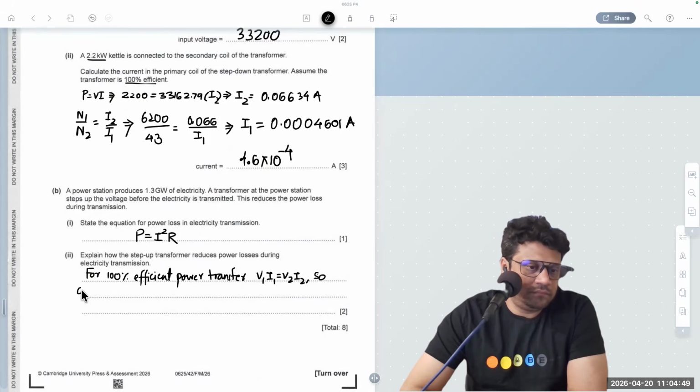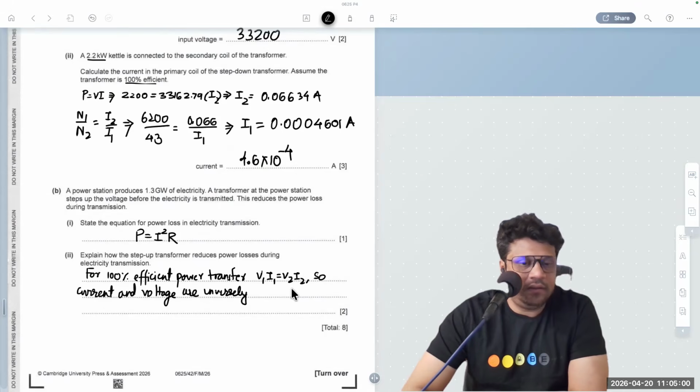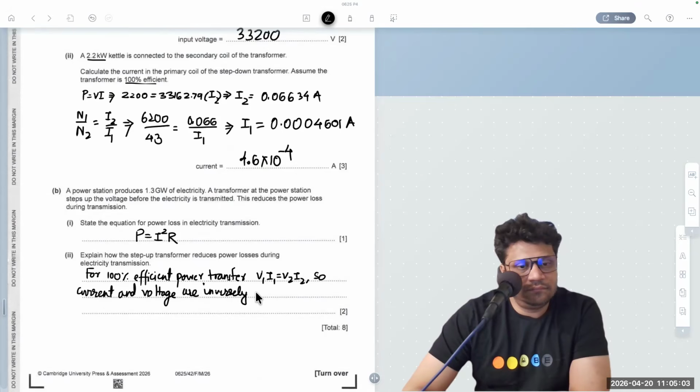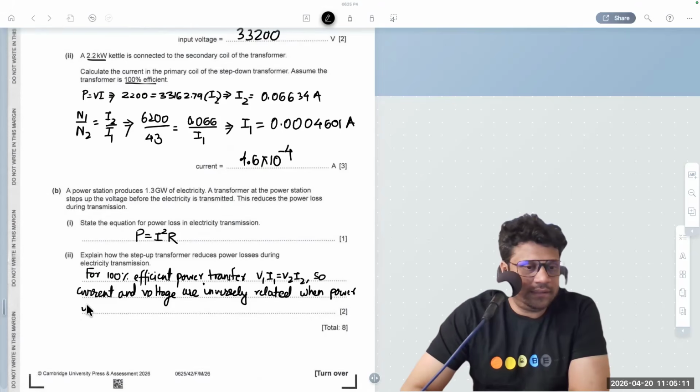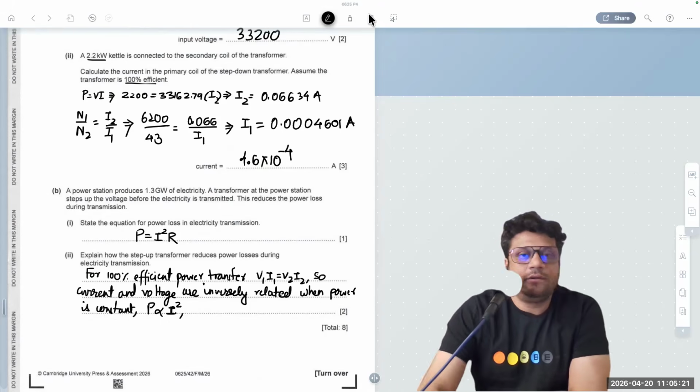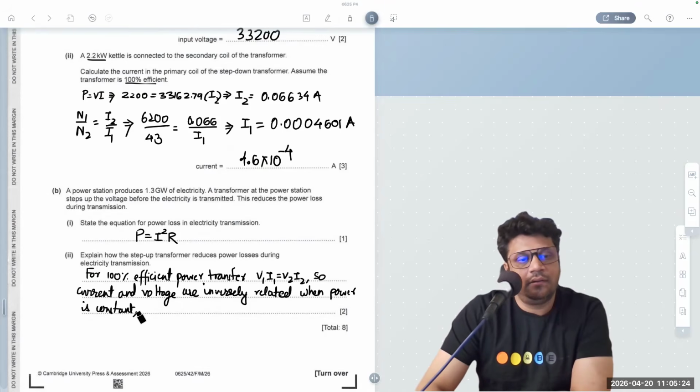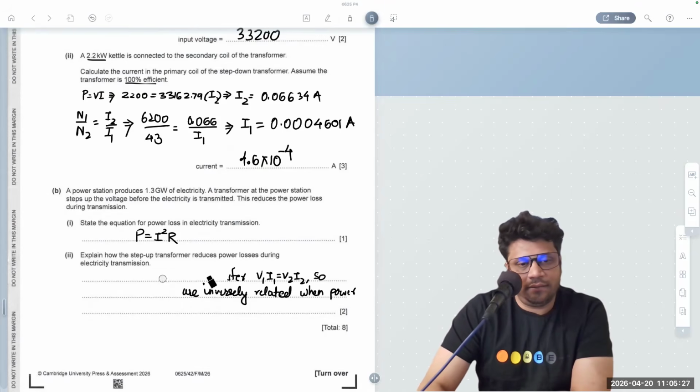So current and voltage are inversely related when power is constant, and power is proportional to I square. No, I shouldn't write it like that. I think I should be a little better. Wait.